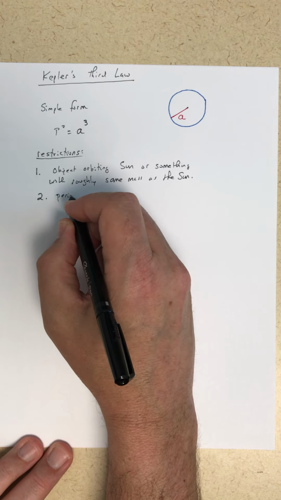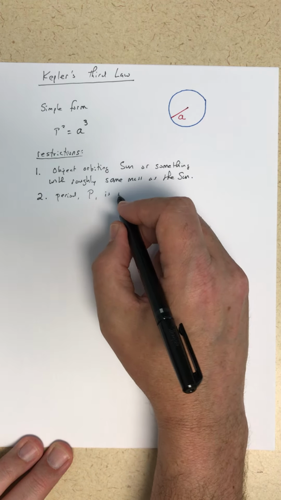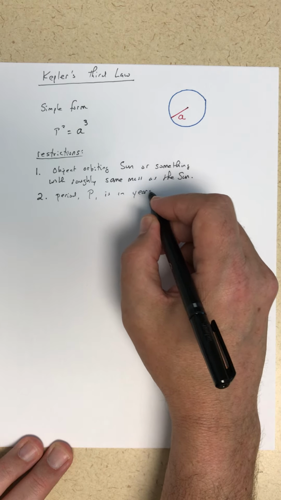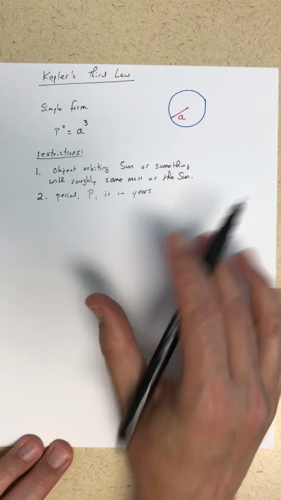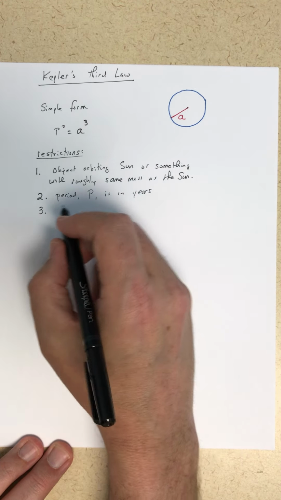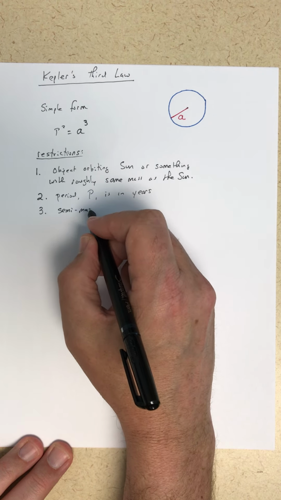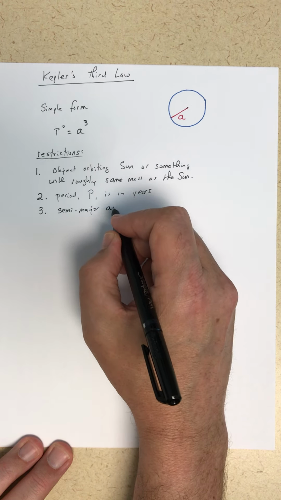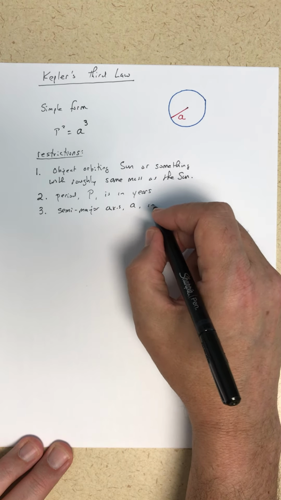The other restriction: the period P is in years. If it's not measured in years, you're going to need to convert units to make it a period in years. And the semi-major axis, A, is in astronomical units.